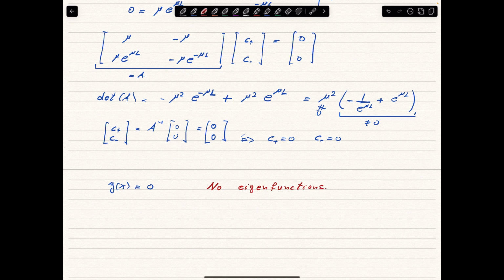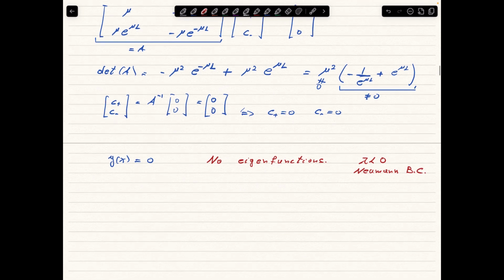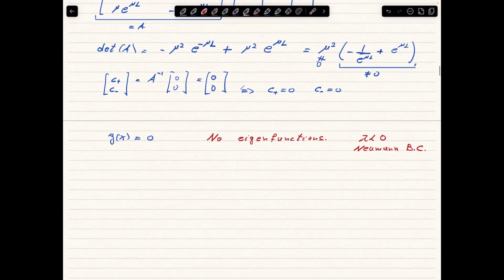Alright, so this is the case lambda negative, Neumann boundary conditions.